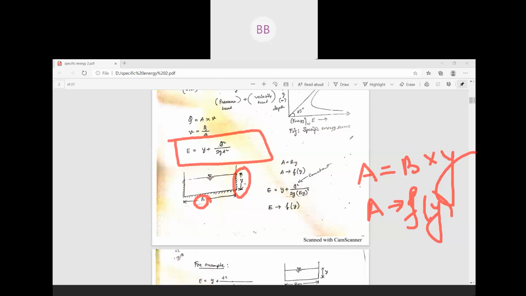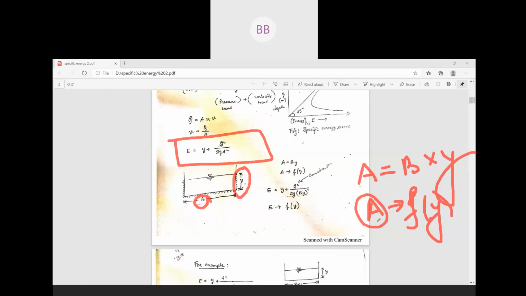If you change the discharge, your depth of flow will change, but the width of the channel remains the same. The width of the channel is a physical parameter; it's not going to change, and it's not a function of q. If you change the discharge, your depth will change, and once the depth changes, your area also changes in that channel.